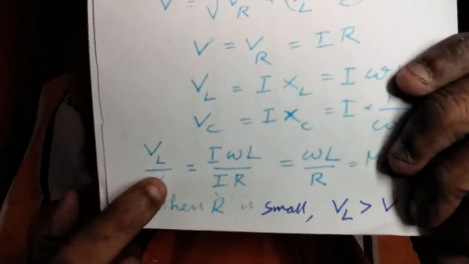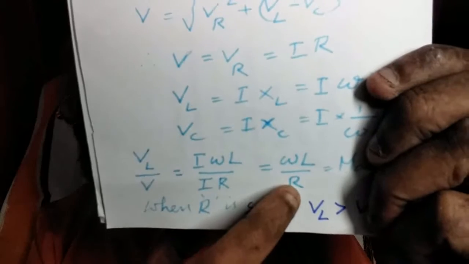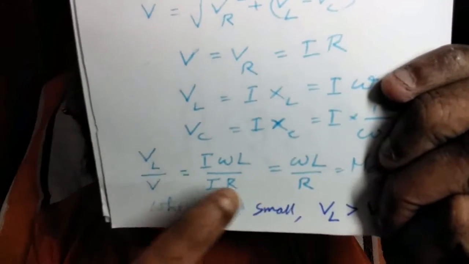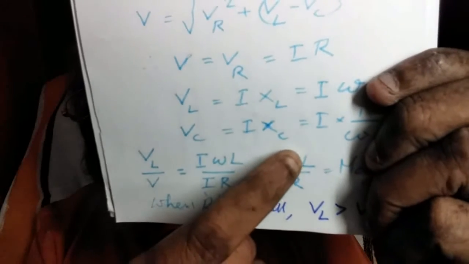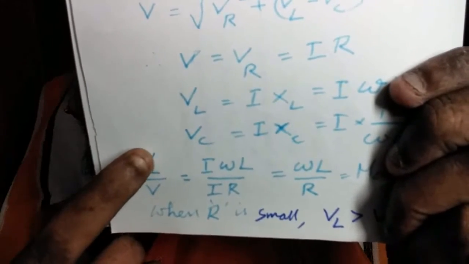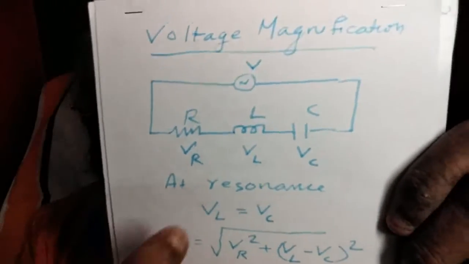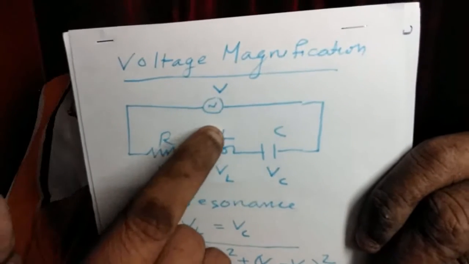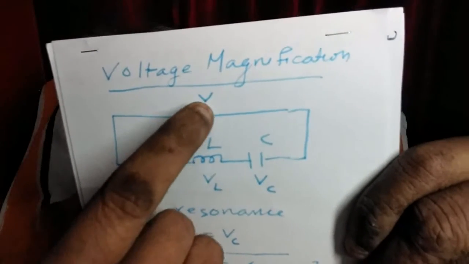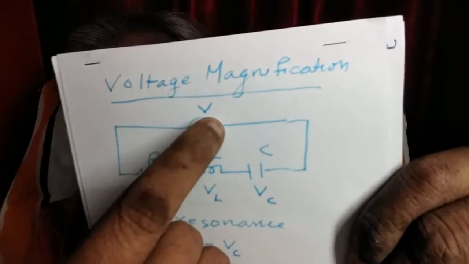Now, if R is very small compared to omega L, or omega L is much greater than R, VL will be greater than V. What does it mean? This voltage across the coil becomes very large when compared to the applied voltage at resonance.